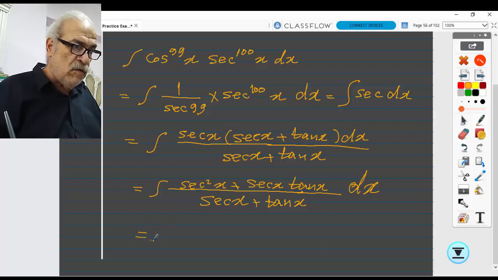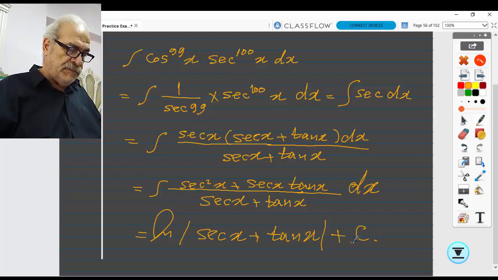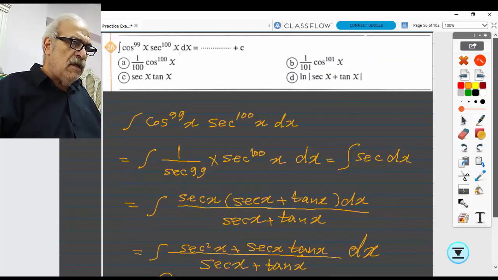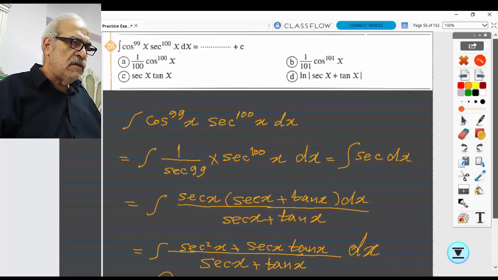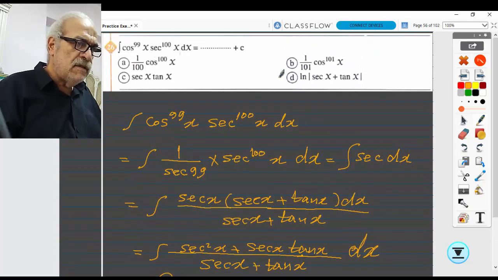So the result equals ln absolute the denominator sec x plus tan x, of course, plus the constant of integration. And we choose letter D. Yes, letter D here.